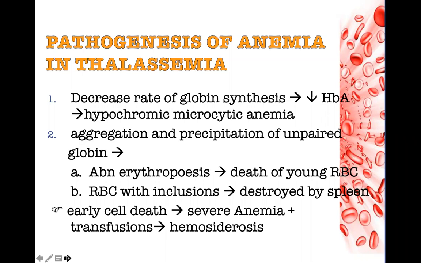The early cell death results in severe anemia, and constantly the patient may need transfusion. As a result of transfusion, the patient may end up with iron overload, or hemosiderosis, which could deposit in organs like the liver, the pancreas, and the heart.